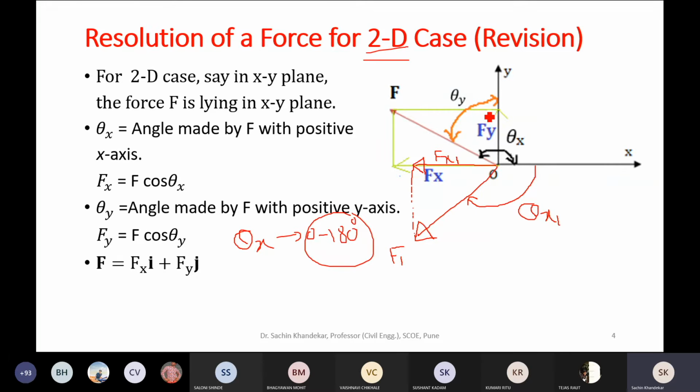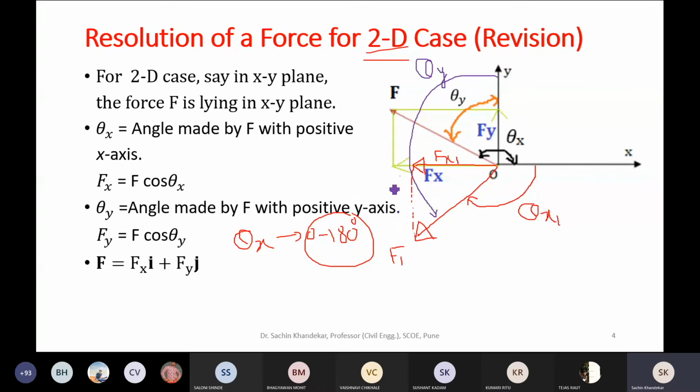Now how to define theta y? It is always measured from the positive y-axis. Please note that theta is always measured from the positive axis. So this is your theta y.